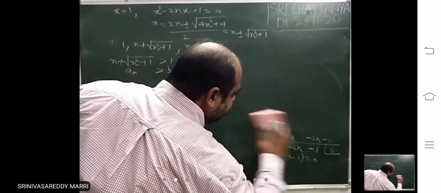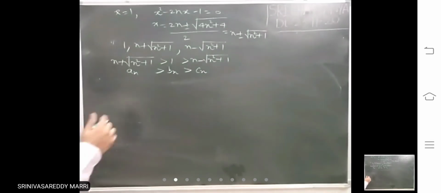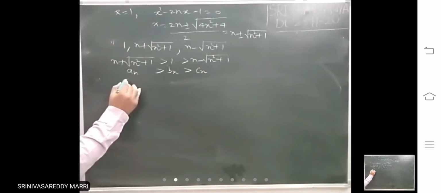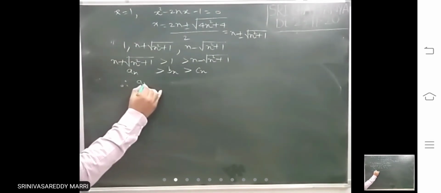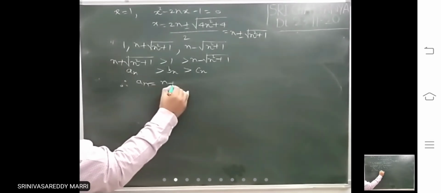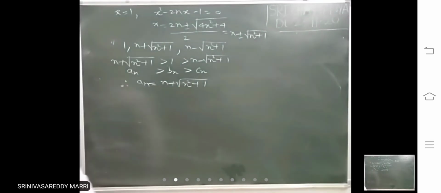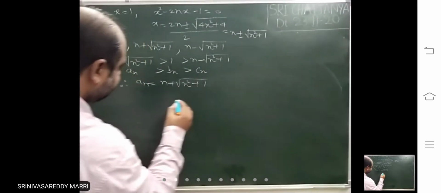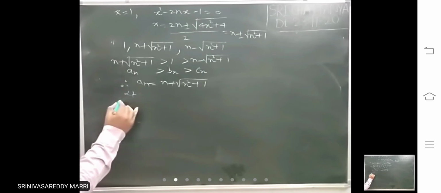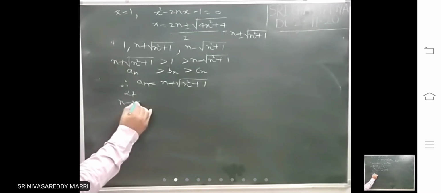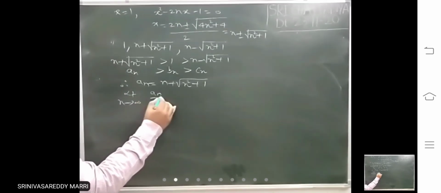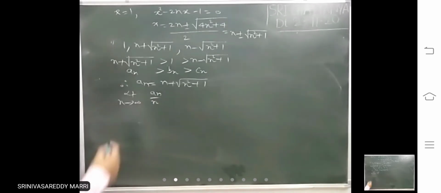Now we have to calculate the limit. So therefore we can say an is n plus root of n square plus 1. Now calculate the limit as n tends to infinity of an by n.